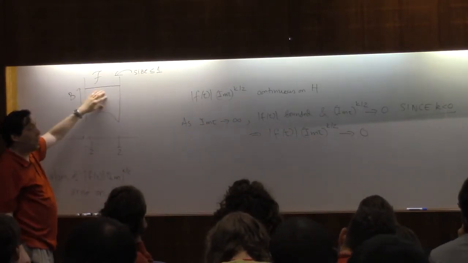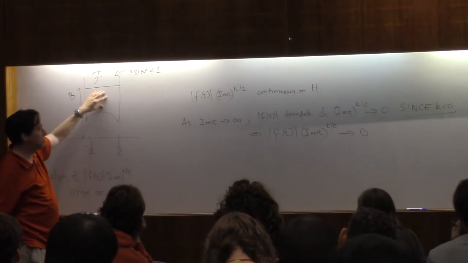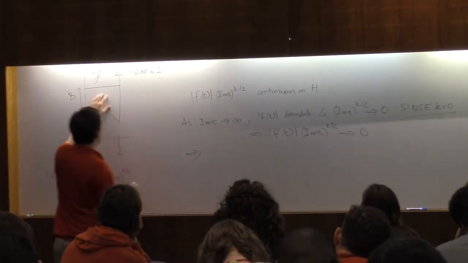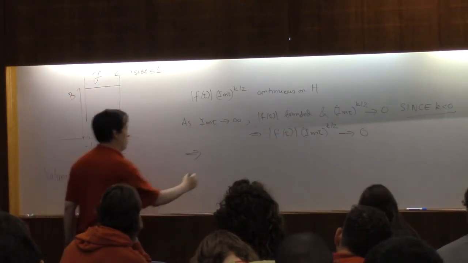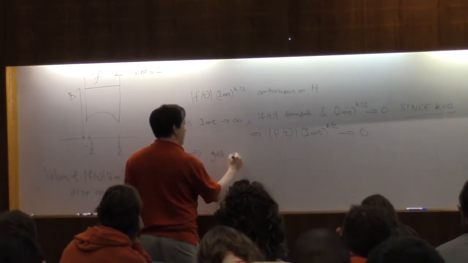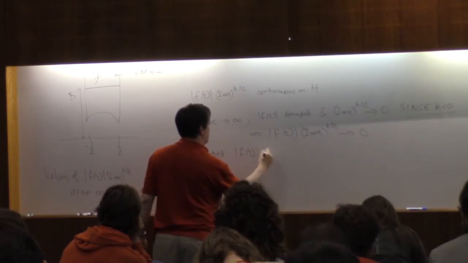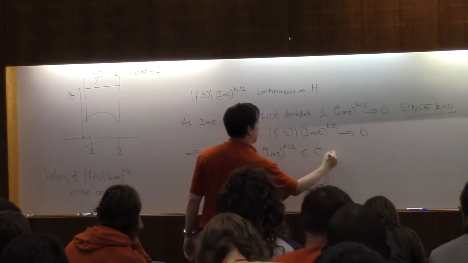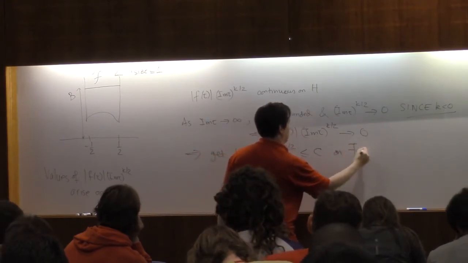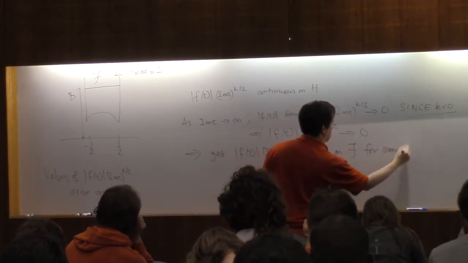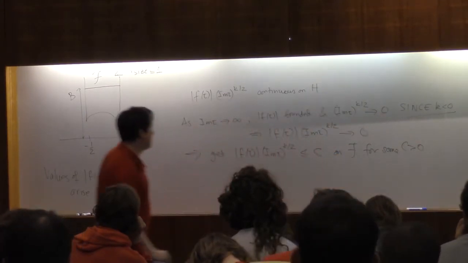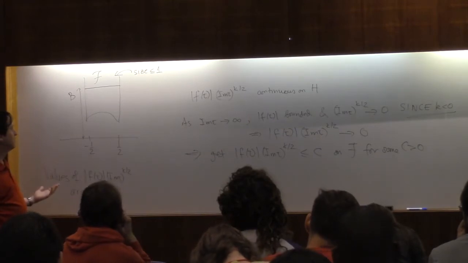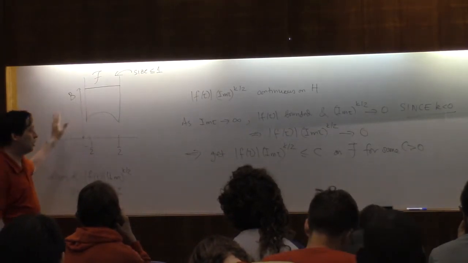A real-valued continuous function on a compact set is bounded. And so it's bounded here, it's at most 1 here, so it's bounded on the whole thing. And so this expression is actually bounded on here. Now, since it's SL2Z invariant, it's actually bounded on the whole upper half plane.